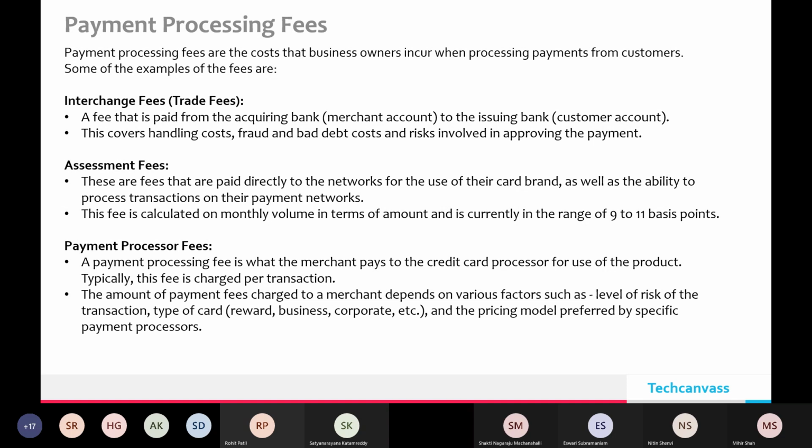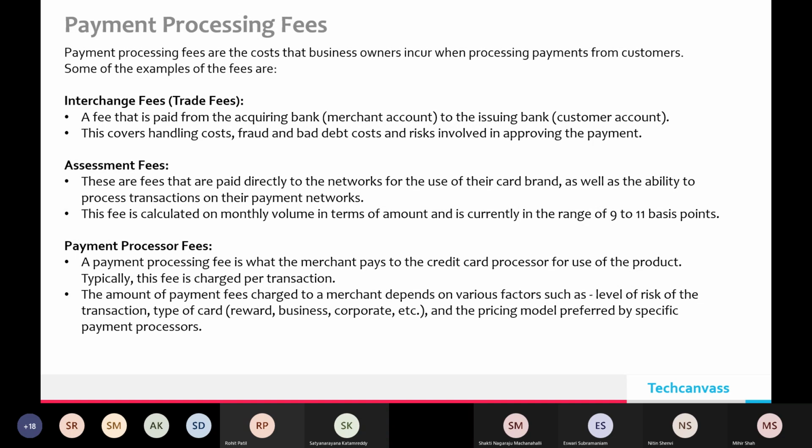The other way of classification is front end processors and back end processors. All these processors also collect a certain fee for the transaction, that is the payment processor fee. If it is an issuing bank processor, the payment needs to be paid by the issuing bank, whereas if it is an acquiring bank processor, the payment needs to be paid by the acquiring bank.